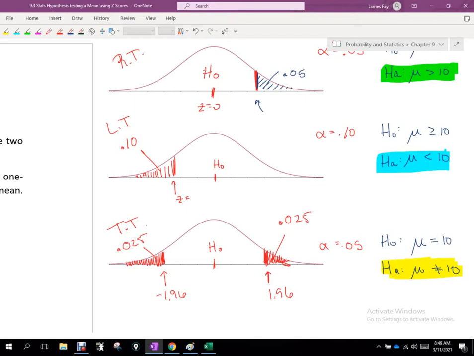We know that sample means are going to be different than the population mean, but how different? If there's too much difference between them, then we argue that that could not have been the population mean. Does that make sense? That's all that hypothesis testing in regards to means is all about.